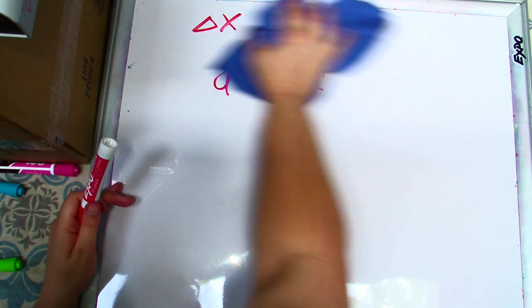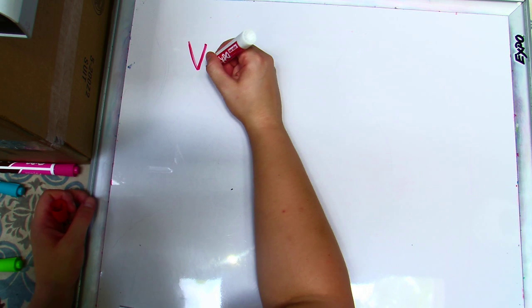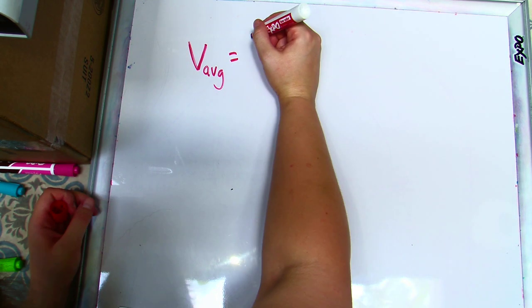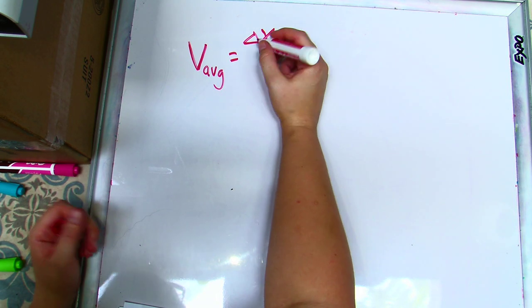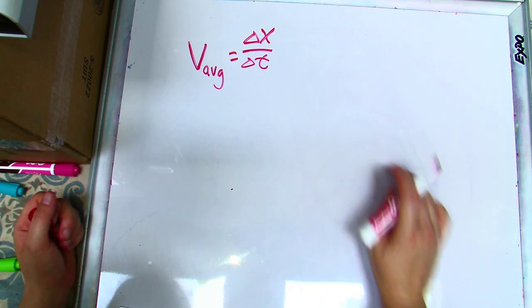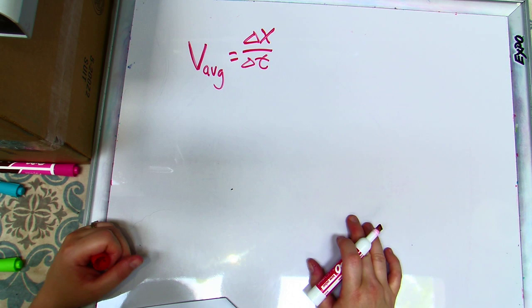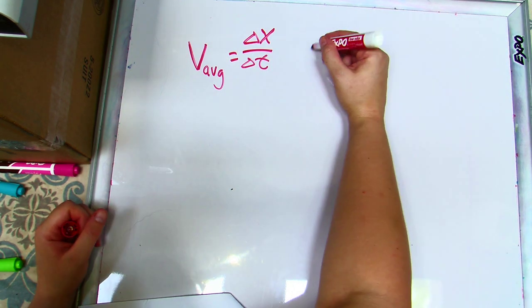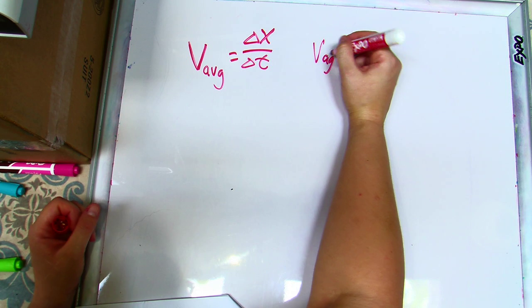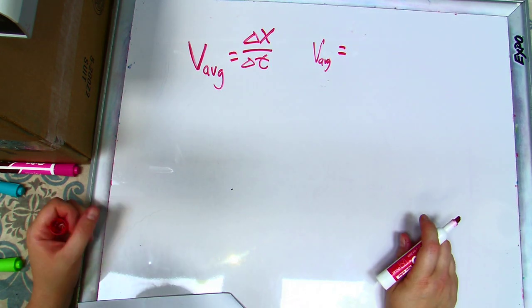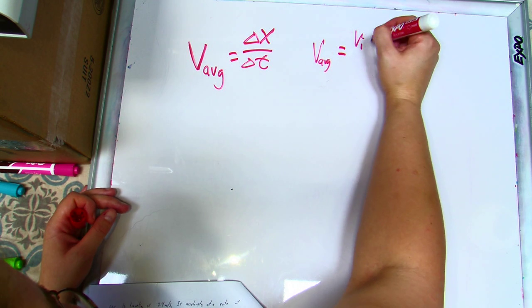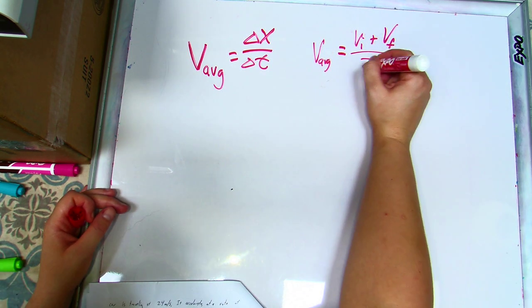All right, so let's talk about things we know already. Well, from our previous lessons, we know that the average velocity is equal to the change in x, or the change in displacement, over change in time. We also know that average velocity is equal to initial velocity plus final velocity divided by 2.